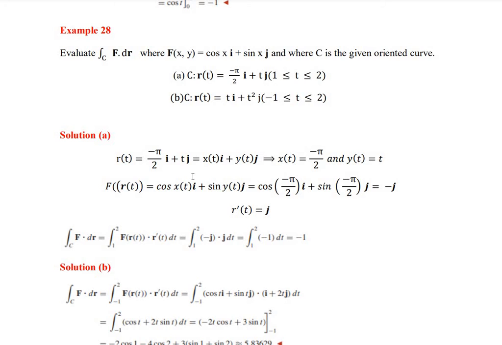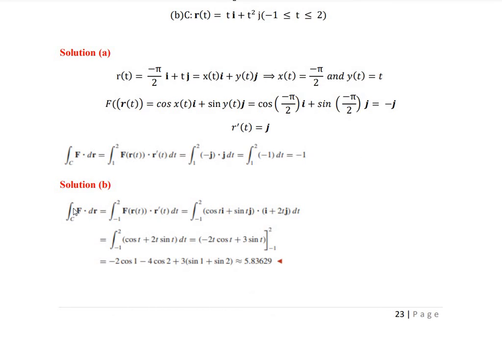We take the derivative from this equation and get r dash of t equal to j. Therefore the integral over C of F dot dr is equal to the integral from 1 to 2 of F of r of t dot r dash of t dt. When you substitute the values and evaluate, you will get the value -1.